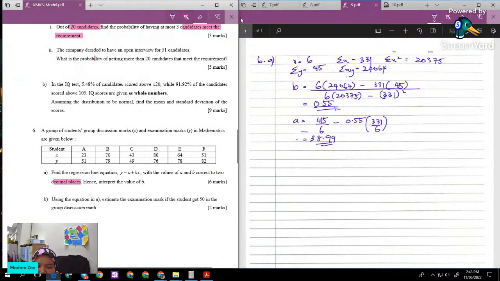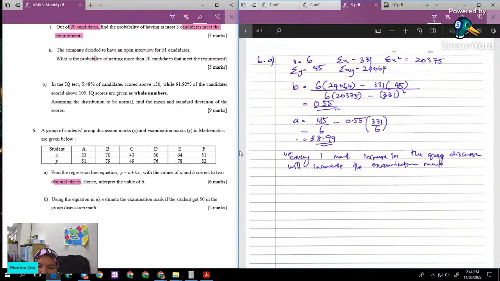Okay, so the every increase of marks in X. Every mark increase in the group discussion will increase the examination marks by 0.55.